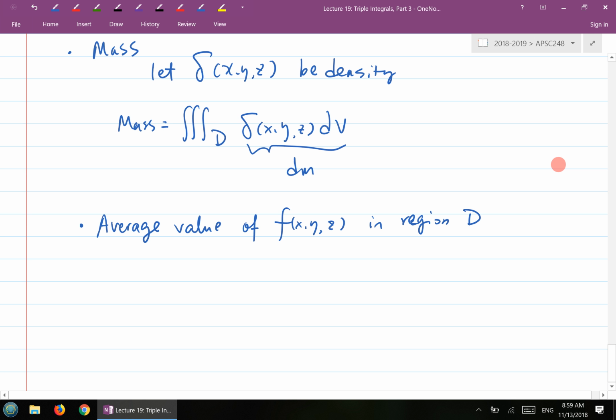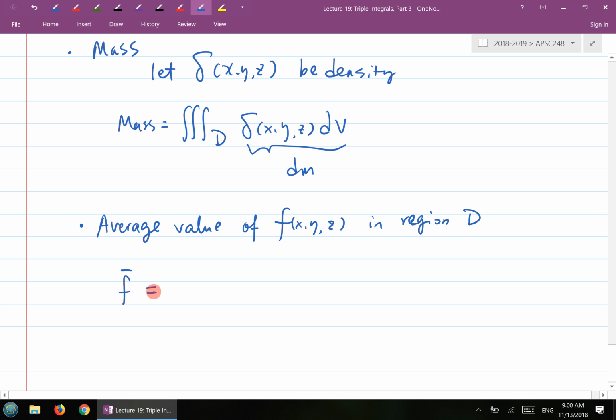We illustrated the f of x y as a height, so there's a function on top of the region R. So what's the average height over this region R? But unfortunately, when we see the function f of x y with respect to region D, 3D limits us from any further imagination, so we cannot just say this is height or anything else. We can just say this is the average value of this function in the region D.